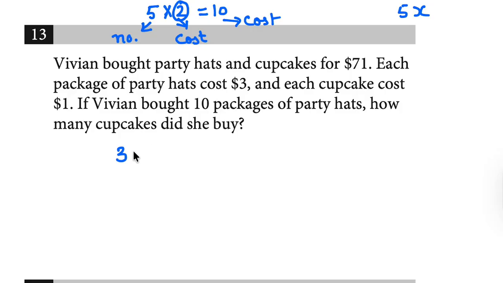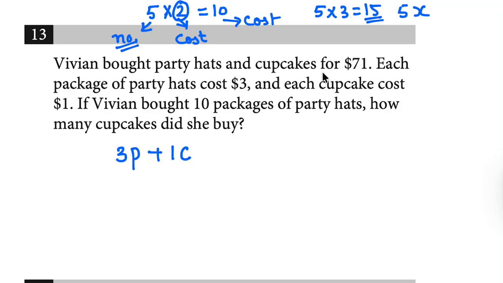Let's say we don't know the number of party hats; let's say that is P. And each cupcake costs $1, so $1 is the cost and C is the total number of cupcakes, as 5 is the number of chocolates here. Now let's say you are buying 5 chocolates at $2 each, plus 5 cupcakes at $3 each, which is $15. So the total cost you are paying is 15 plus 10, $25.